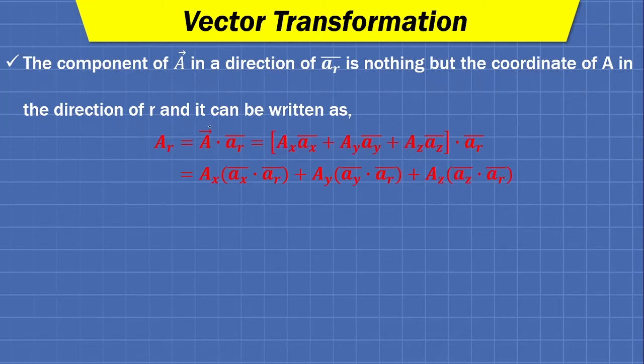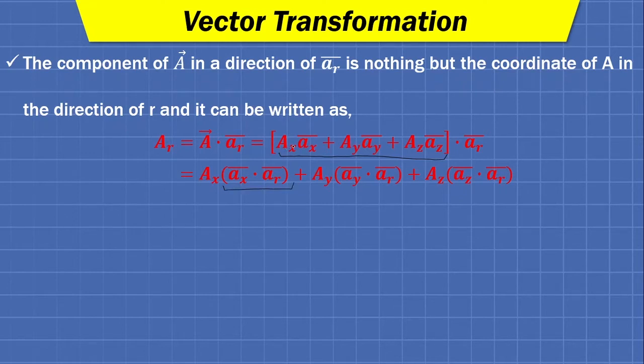We have the representation of A bar in the Cartesian coordinate system, so we will simply write down that representation and perform a dot product of the vector with ar bar. Doing so, capital AX, AY and AZ being scalars, will not be considered in the dot product. Only the vector quantities will be taken into the dot product.